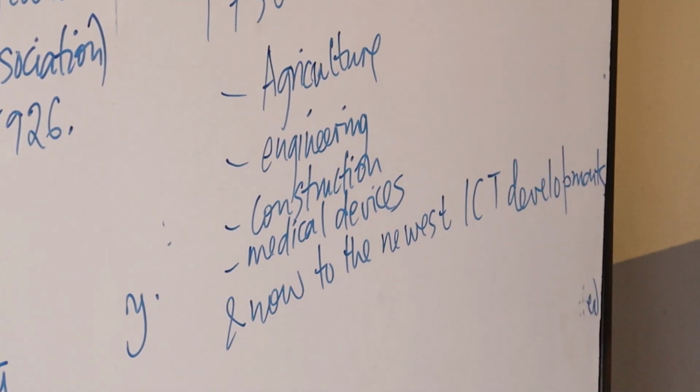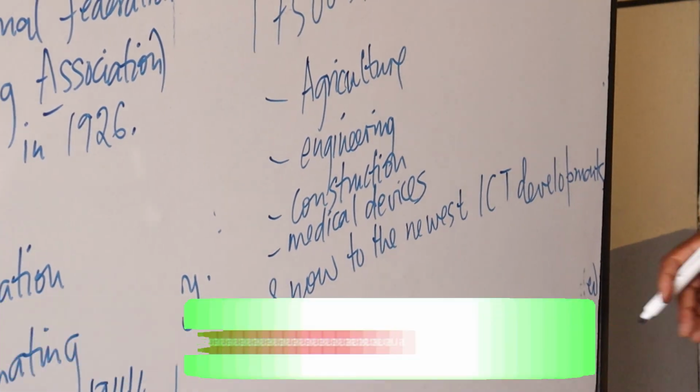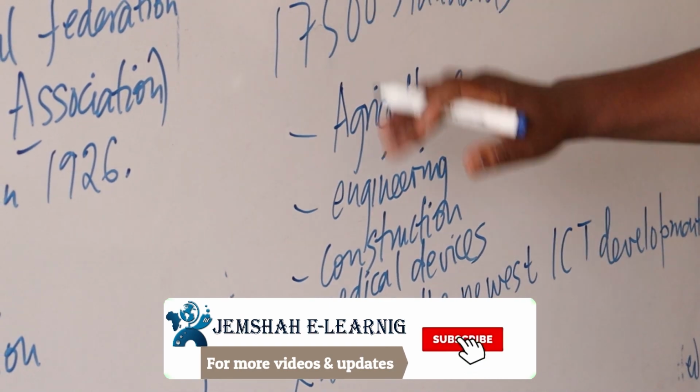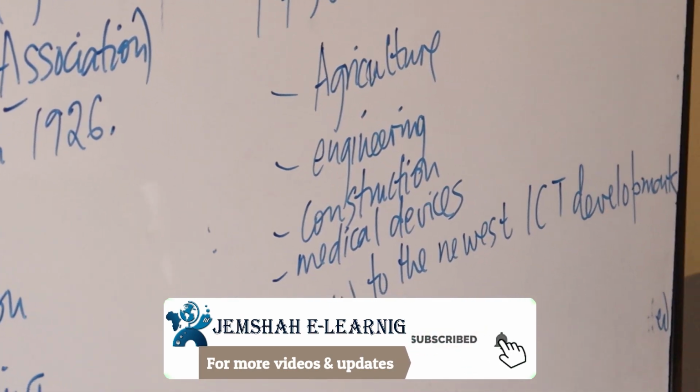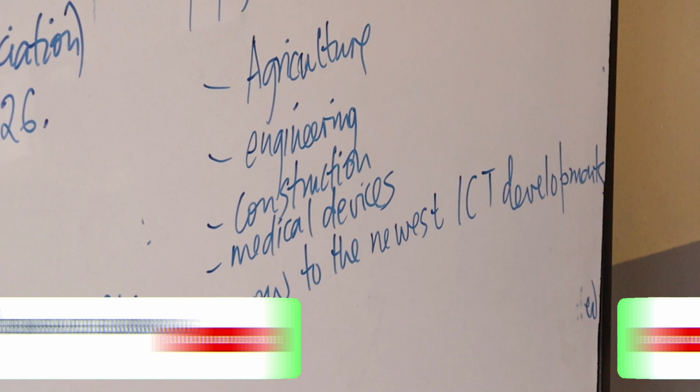I think ICT is the newest kid on the block. In other words, the ISO covers nearly all the sectors of the economy.